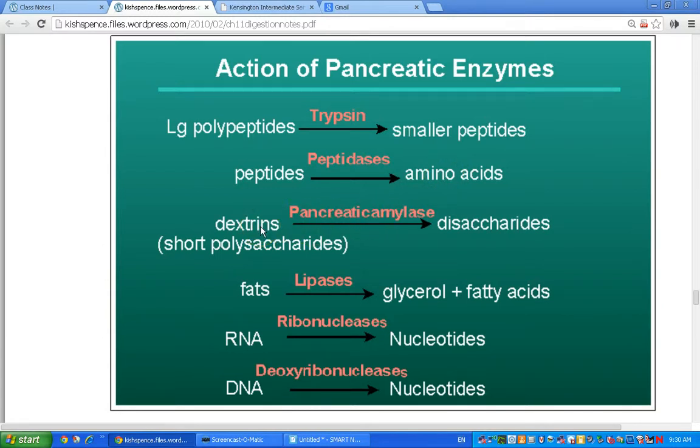The dextrins that we saw being produced in the mouth from salivary amylase action on the larger polysaccharides, they're going to be acted on by pancreatic amylase in order to break them into disaccharides. Fats will be acted on by lipases to get glycerol and fatty acids, but something special has to happen for lipases to be able to work on them. RNA is acted on by ribonucleases and DNA by deoxyribonucleases in order to get individual nucleotides. So that's the action that happens as a result of the pancreatic enzymes in the intestine.